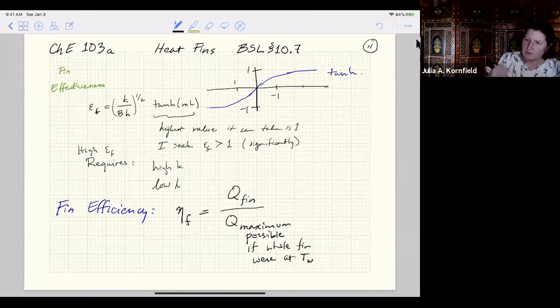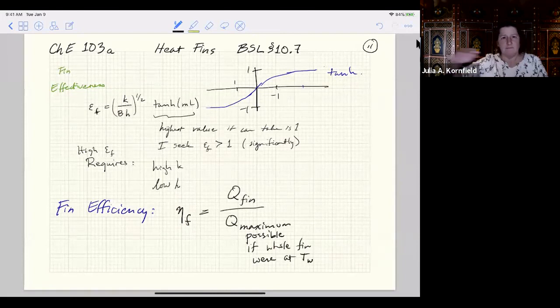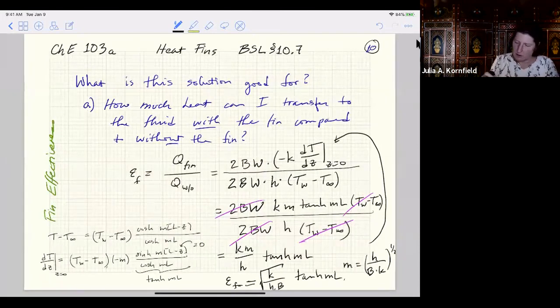So the maximum possible for a given fin is to have the entire fin at the temperature of the wall. And so you have the actual energy moving through the fin, which we can pull over here. That's good.